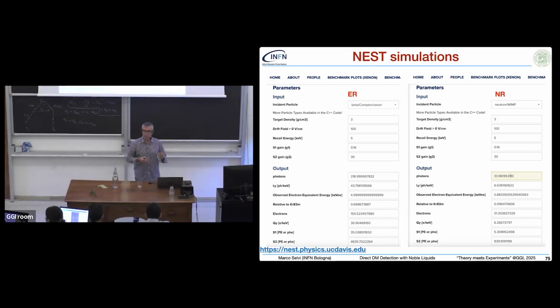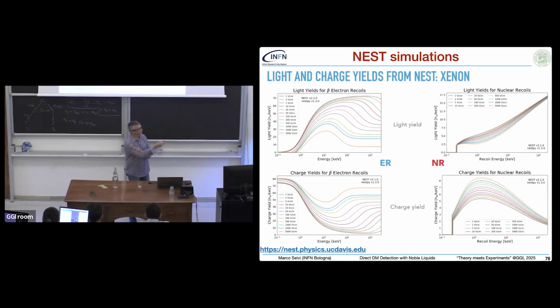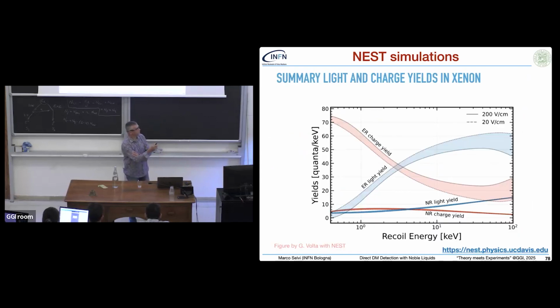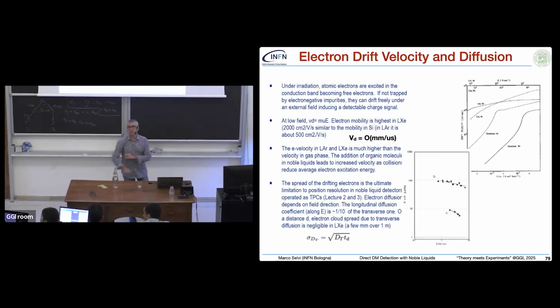In principle, this is a proper tool that predicts the light yield and charge yield. How it works: there is a model, the model that I mentioned, but more important, it is fitted with all the data that I very quickly showed you. Okay, so this is what you can do, and we will not go through the various plots, but just to show you that you have all the possibilities.